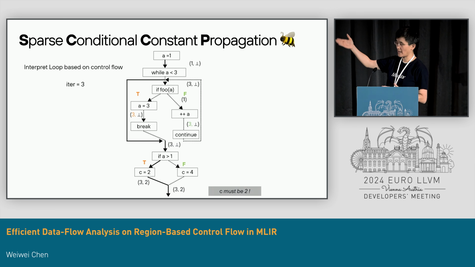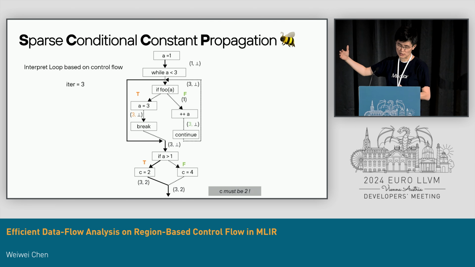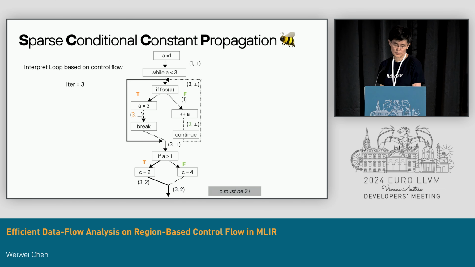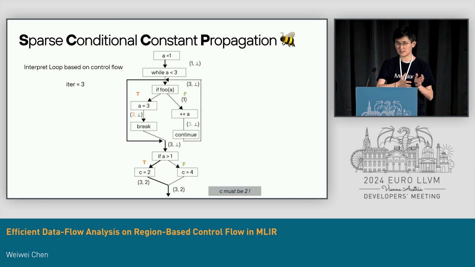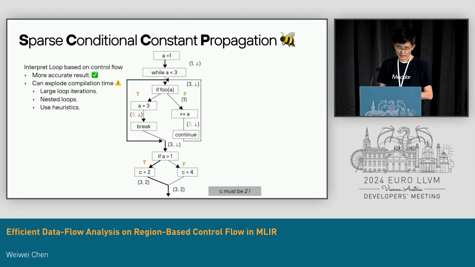Now one of the if, else regions will never be reached. So we can have a more accurate result if we interpret the loop. Because we have this structured representation of the loop, it is possible to do so.